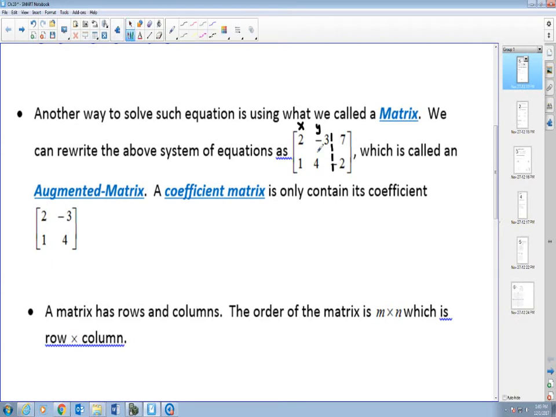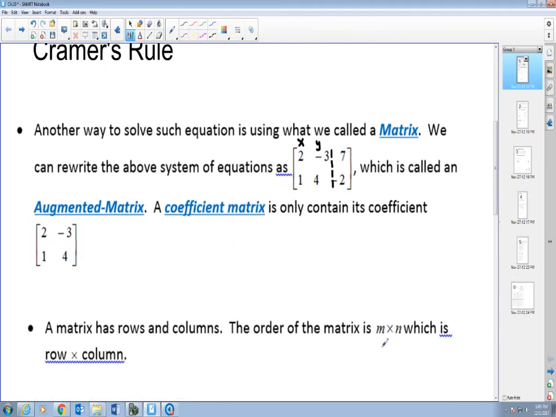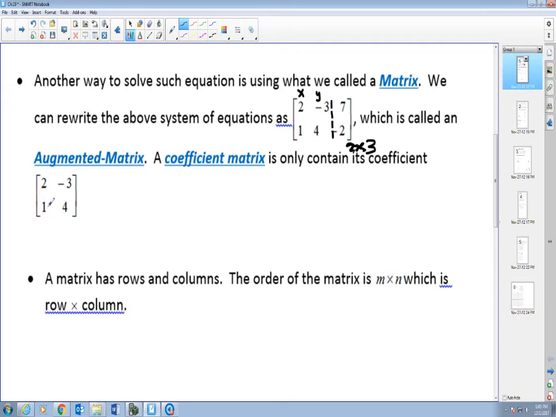So for the matrix I wrote up here, which is coming from this system, that is a 2 row by 3 column matrix. This other one would be called a square matrix because it's 2 rows by 2 columns.